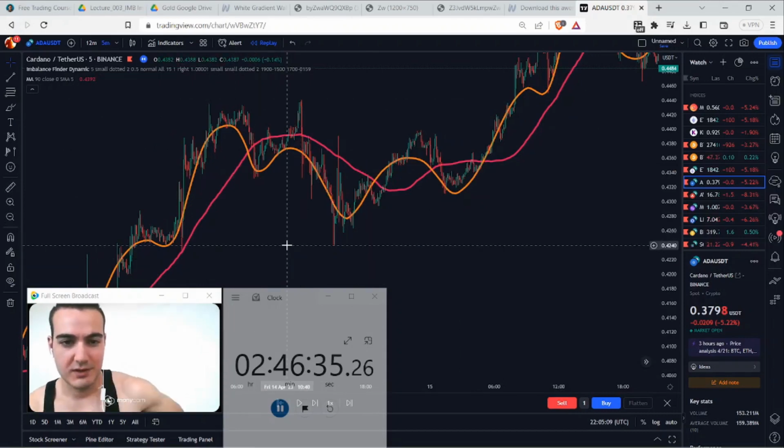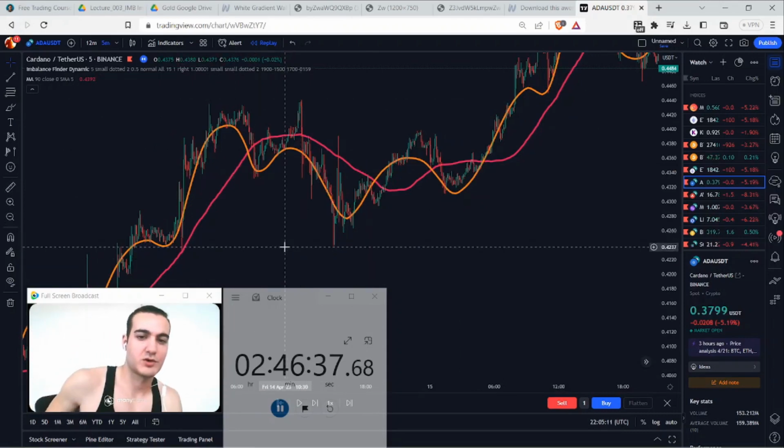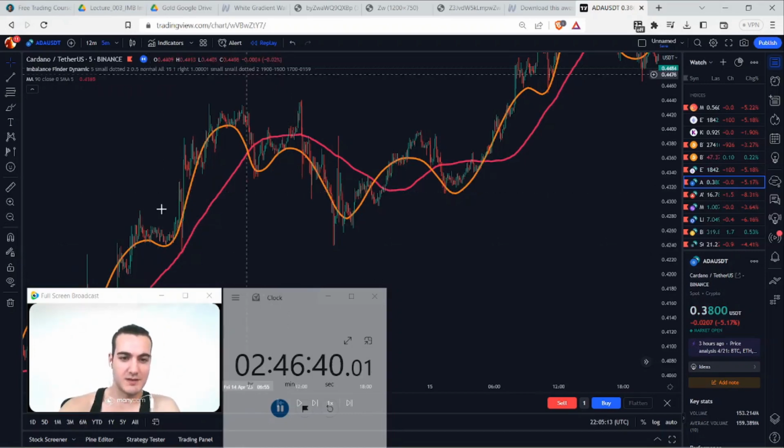What we're looking for is the market structure break in this area here.